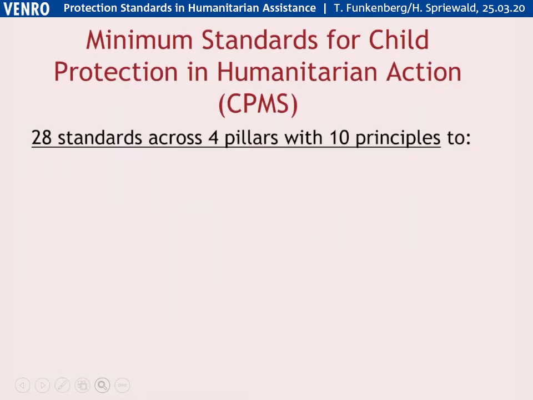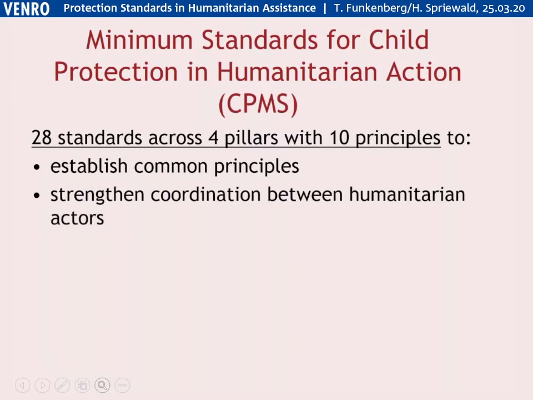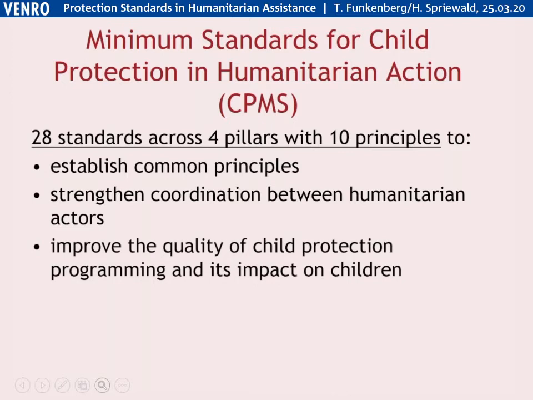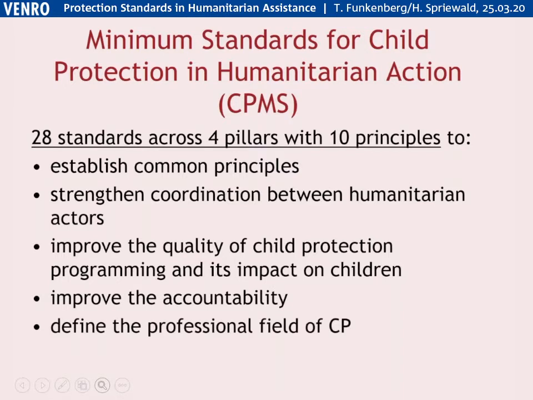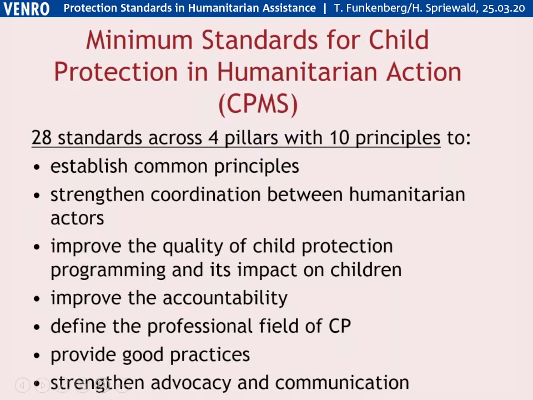The minimum standards cover 28 standards across 4 pillars with 10 principles, in order to establish common principles among all actors during a humanitarian crisis and to strengthen coordination between humanitarian actors, to improve the quality of child protection programming and its impact on children, to improve accountability, to define the professional field of child protection, provide good practices and strengthen advocacy and communication towards the public, towards donors, and so on.